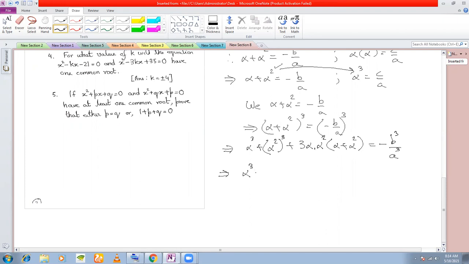Now this becomes alpha cube plus alpha to the power of 6 plus 3 alpha cube into alpha plus alpha square. Now what happens? Alpha to the power of 6 can be written in terms of alpha cube as alpha cube whole square, because I want to write everything in terms of alpha cube, because I want to use this one.